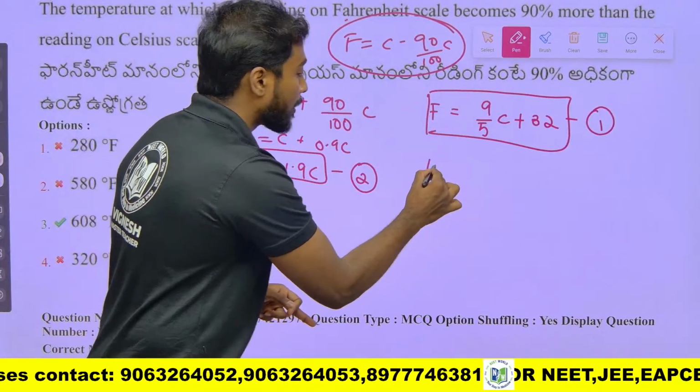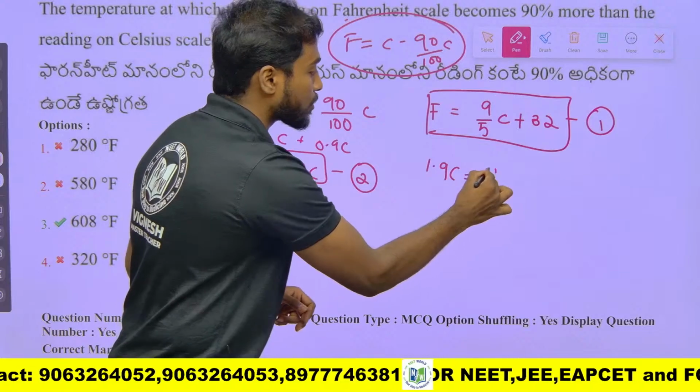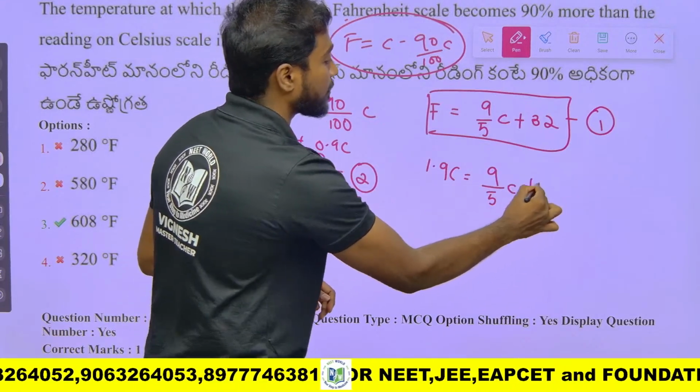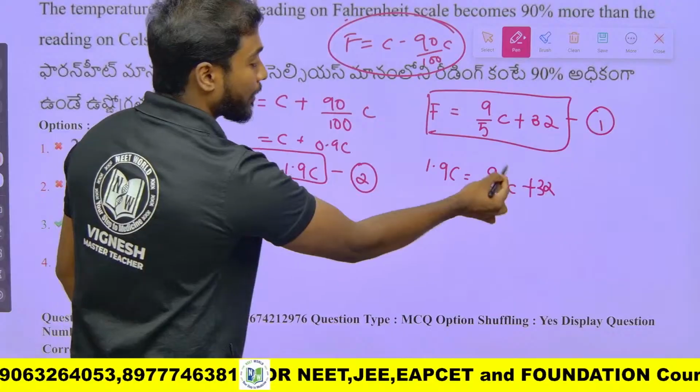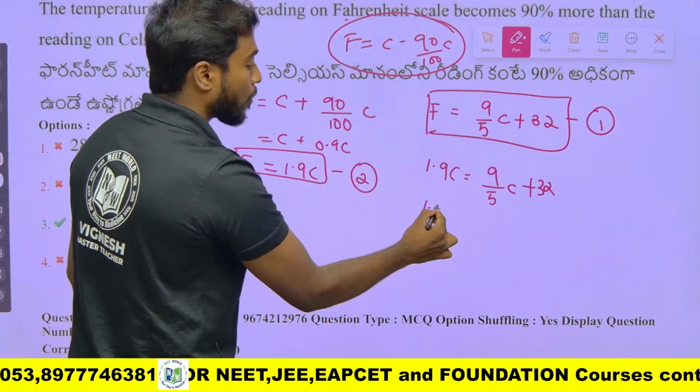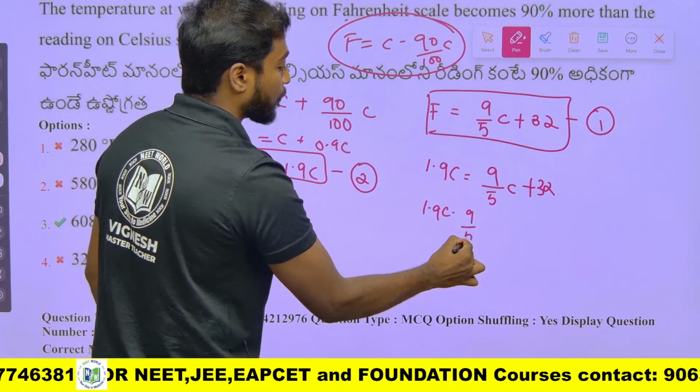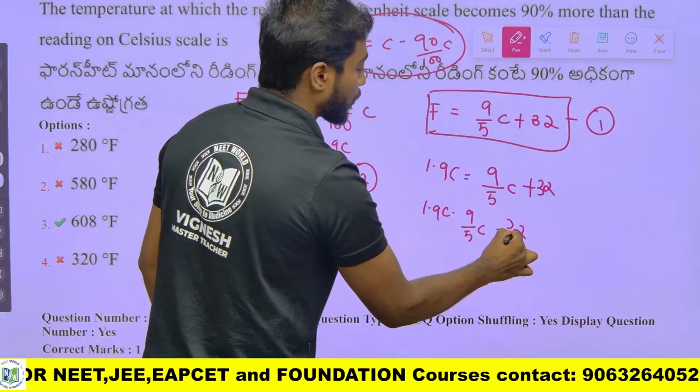What will I get? 1.9 C is equal to 9 by 5 C plus 32. If I take 9 by 5 C to this side, 1.9 C minus 9 by 5 C is equal to 32.